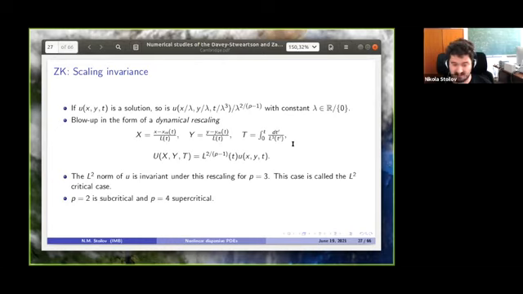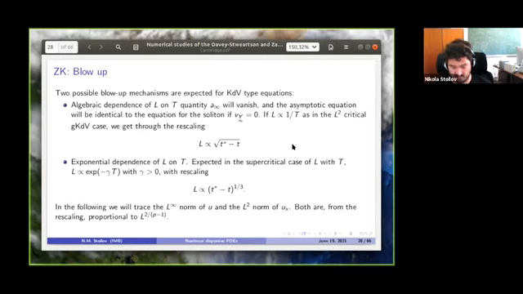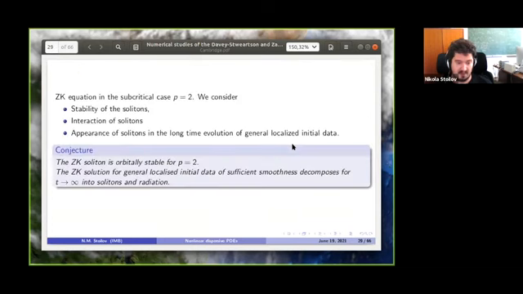There is again scaling invariance, and we can, in the two-dimensional case, consider three cases. So subcritical case where there is no blow-up, critical case where there will be a blow-up for sufficiently large mass, and supercritical case where there will be a blow-up for essentially any mass. There are two models, algebraic dependence in L and exponential dependence in L. So we can again track norms.